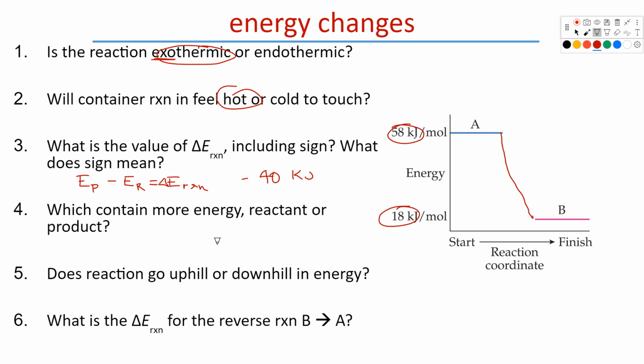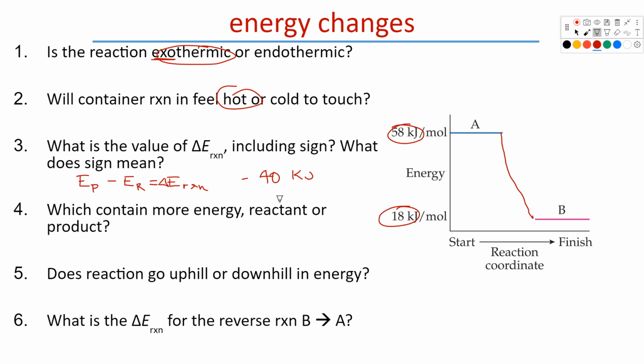So which contains more energy, the reactants or the products? Mason? Products. Does the reaction go uphill or downhill in energy? Maggie? Why does the product contain more energy? Yep, you're right.